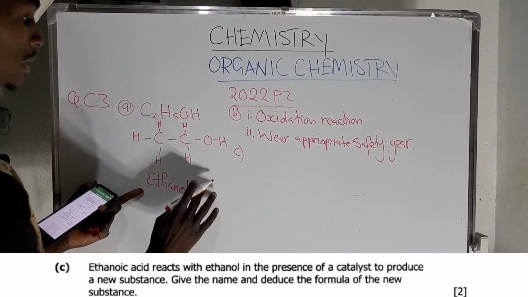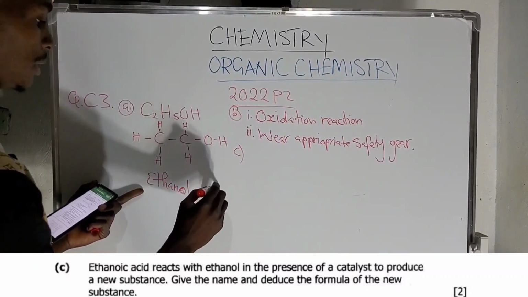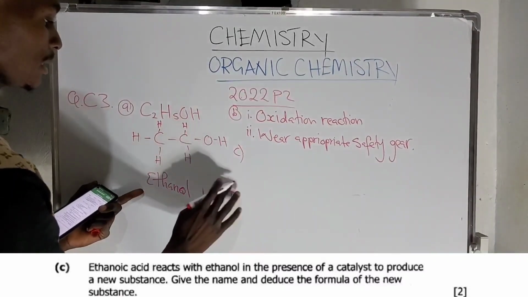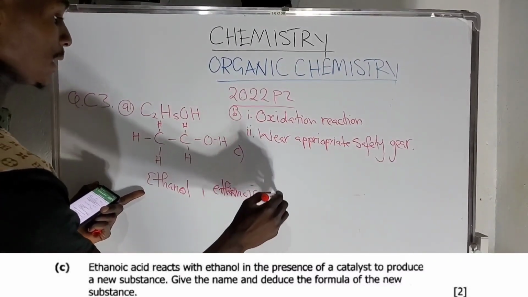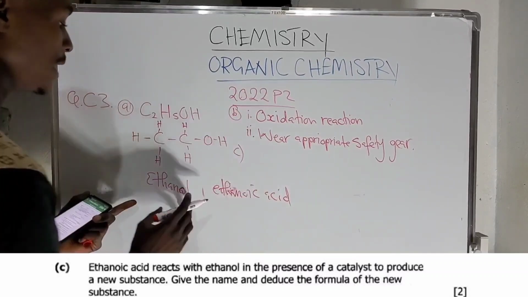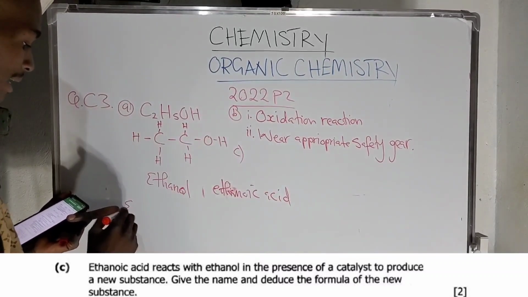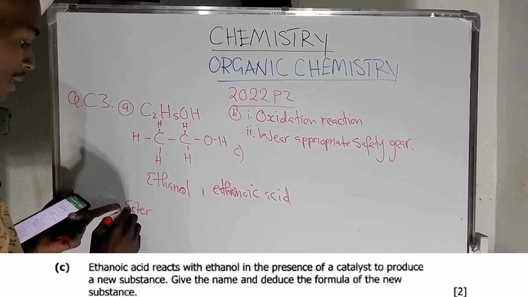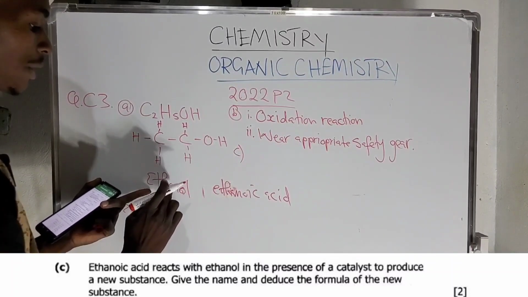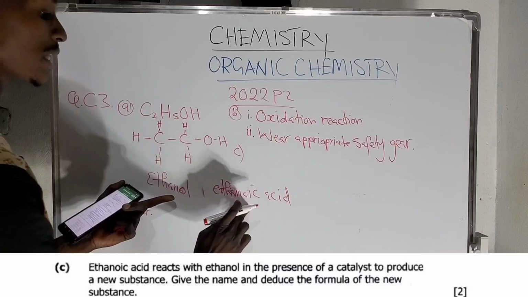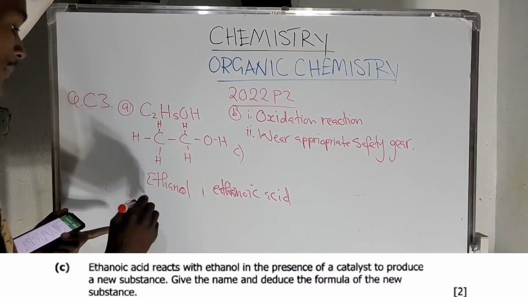So the product, since you have ethanol and ethanoic acid. When an alcohol reacts with a carboxylic acid, this is called esterification.